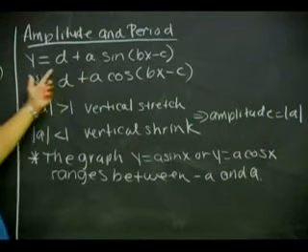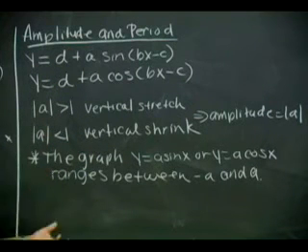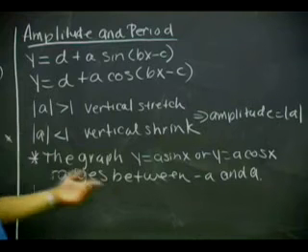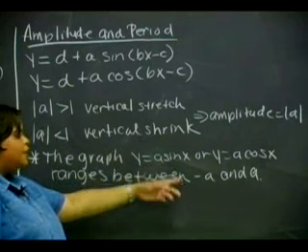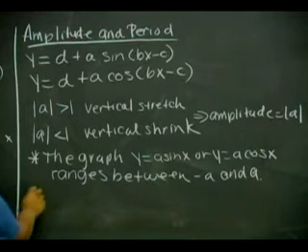Because when we go to adding this d here, it will either push our graph up or down. Y'all remember that vertical translation? That d will push it up or down. But if we just have a cosine x or a sine x, then that tells us the range of our graph. Okay?